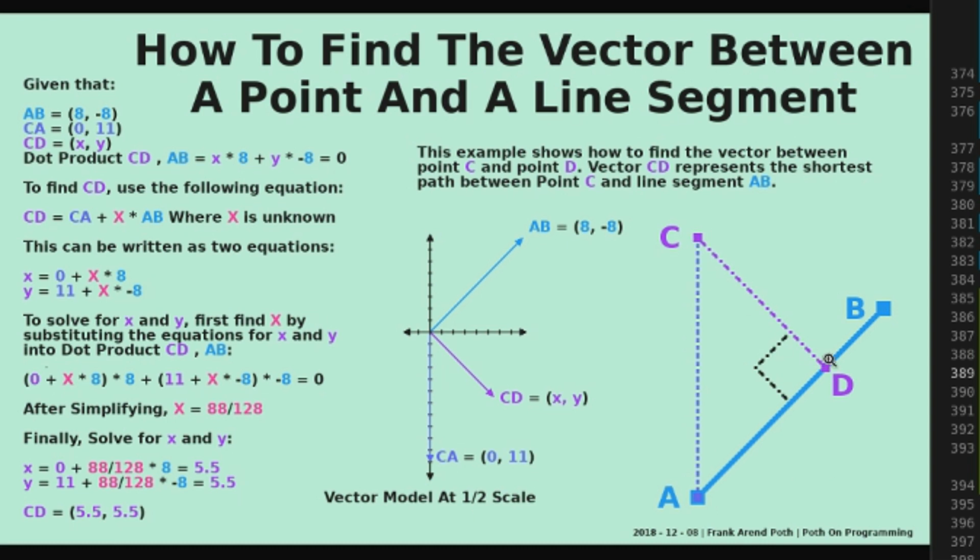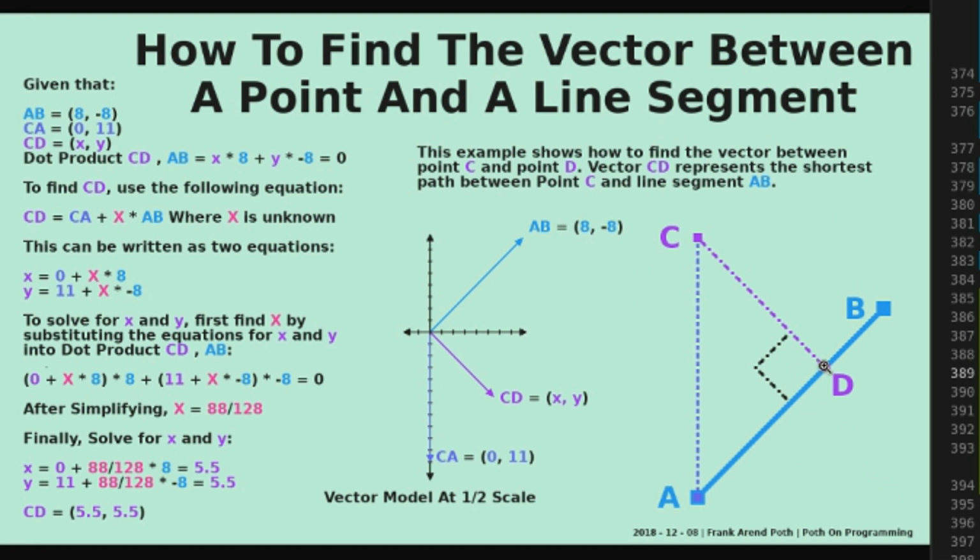Now, if the dot product of CD is positive and the dot product of our AB normal vector is positive, then we don't have a collision. So we don't have a collision here because this vector is going this direction and the normal of AB is going this direction, so this is no collision.